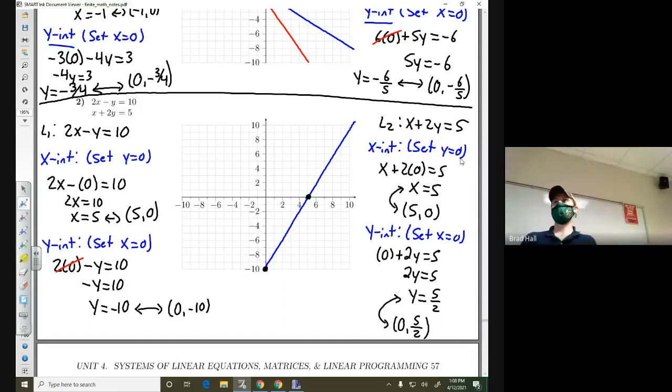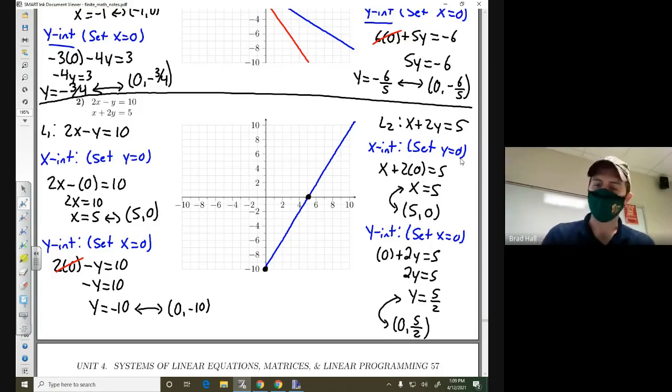Now, I mentioned earlier that you can't really plot fractions using the tool, and they will have you graph this. However, they have 0.5 increments that you can utilize. So you can plot 0.5 increments, and 5 over 2 is 2.5.